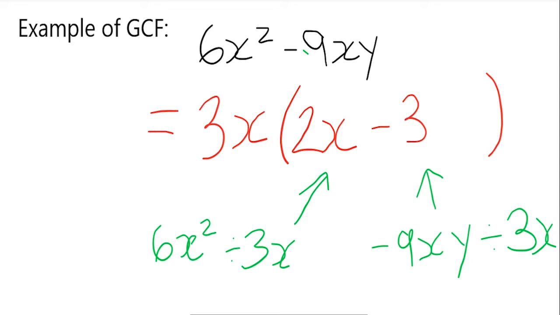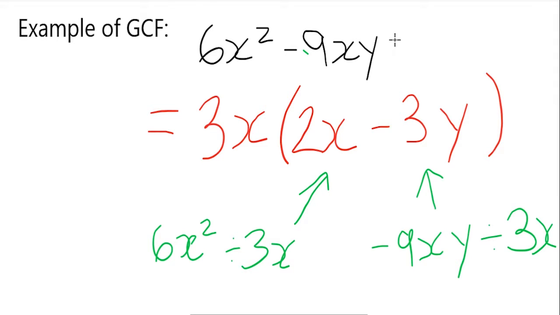X divided by x is 1 minus 1, which is an exponent of 0, right? So you get x to the exponent 0, which is just 1. So we can forget about that. We don't have to write it out. And then we have our y, which cannot be divided by anything. So this is your factored form of this example.